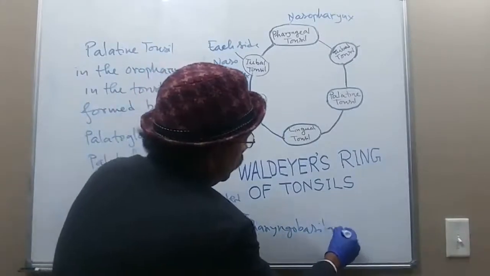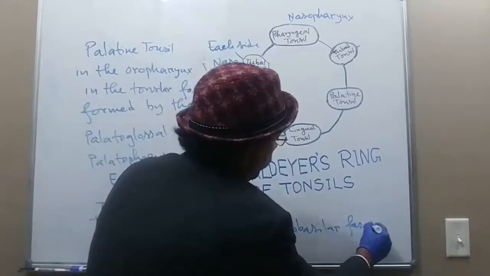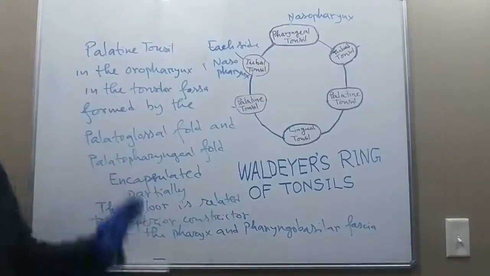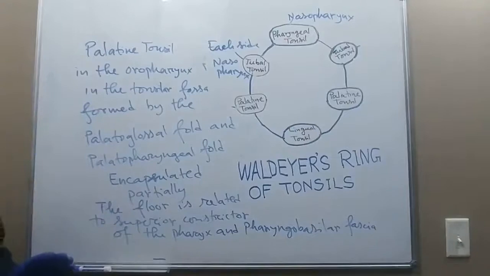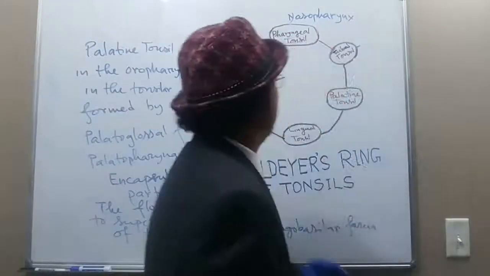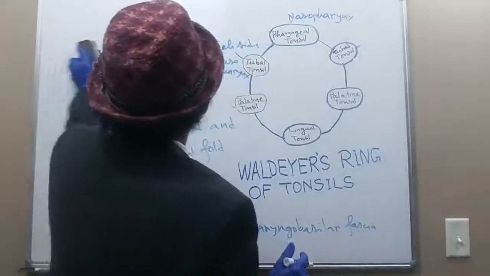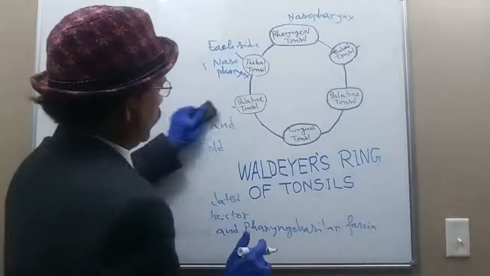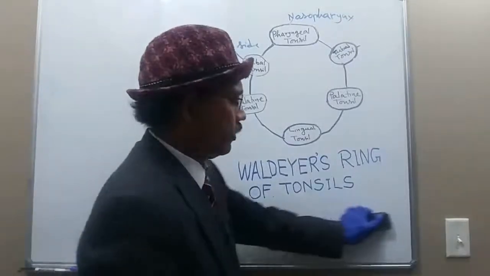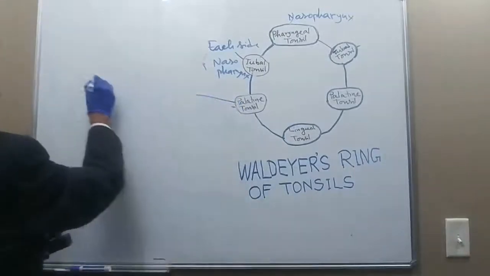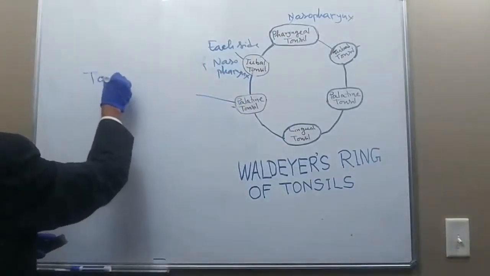That forms the floor of the tonsillar fossa. The palatine tonsil is very commonly involved when a child or adolescent develops tonsillitis. Usually this is the site, and it may be caused by viruses or bacteria. So it is a common site of tonsillitis.